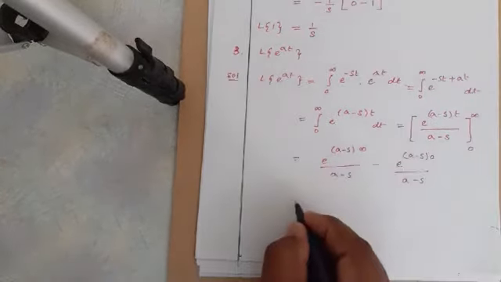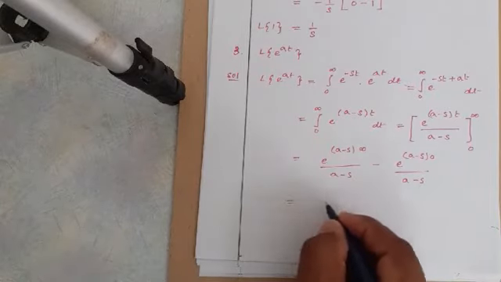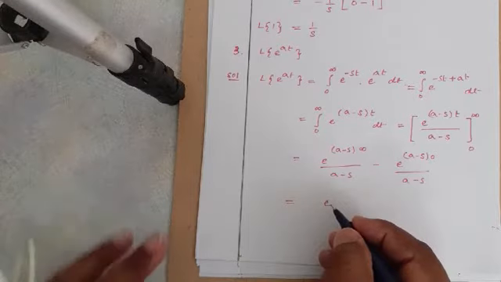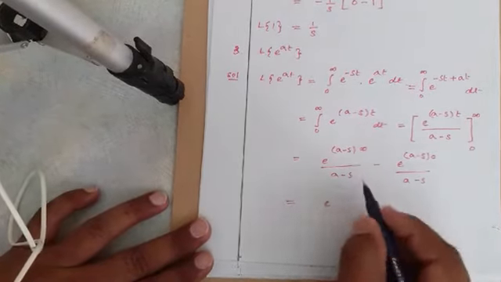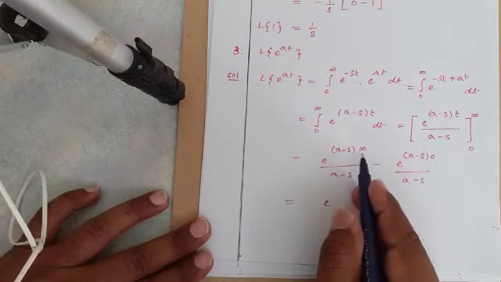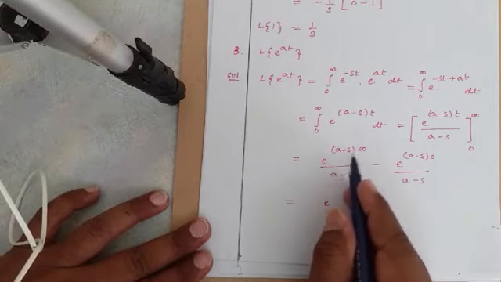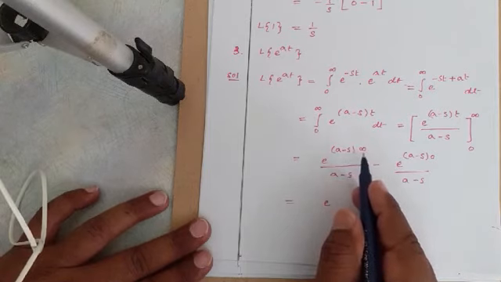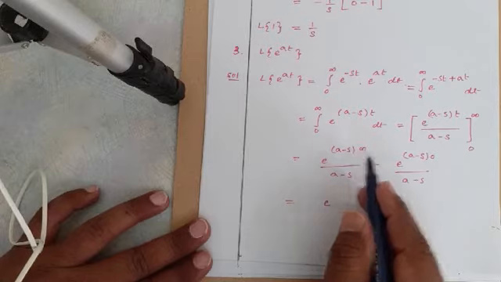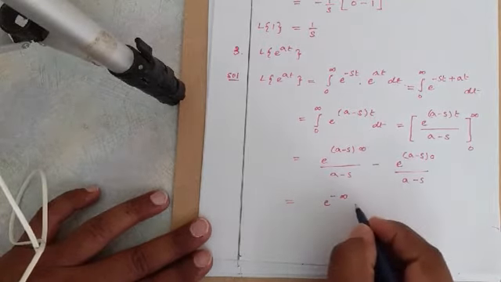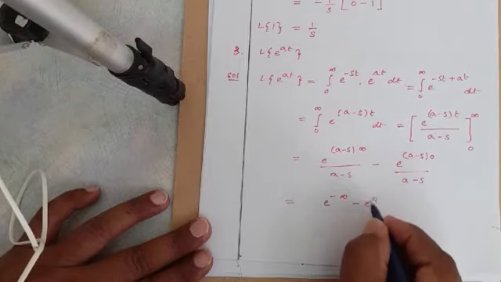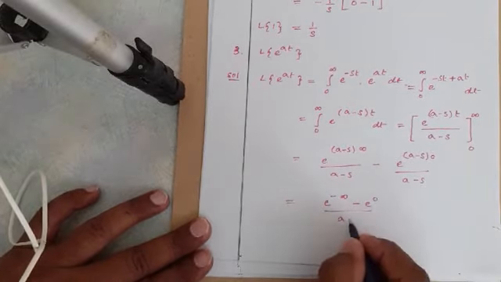So as you know, this is equal to e power infinity. Now when you apply the limit here, you can see a into infinity minus s into infinity, we are applying infinity to t here, so you get e power minus infinity minus e power 0 upon a minus s.